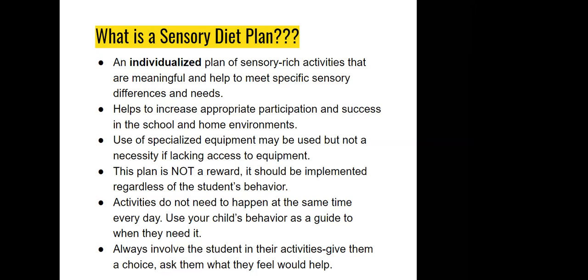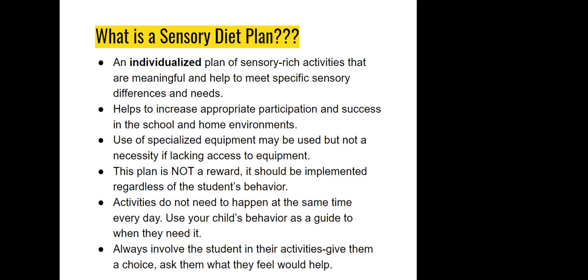If I said, oh, Johnny needs to take a sensory break at 10 o'clock, maybe at 10 o'clock he is working his little hiney off, doing his math work, doing a great job, engaged and participating. You don't want to interrupt that and say, oh, we've got to take a sensory break.